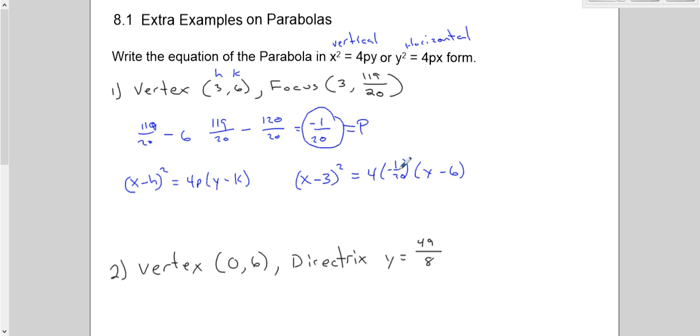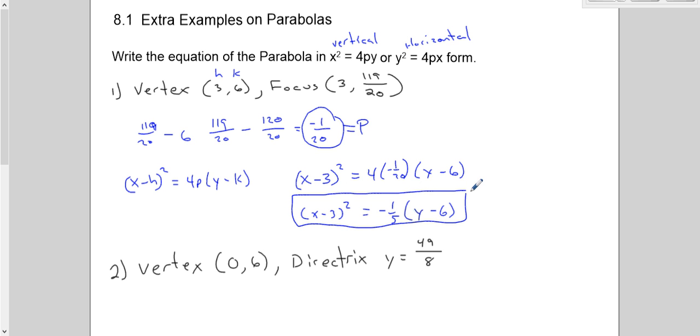When I multiply 4 times negative 1/20th, I will get negative 4 over 20, which simplifies to negative 1/5 times y minus 6. And that is my equation of that parabola.